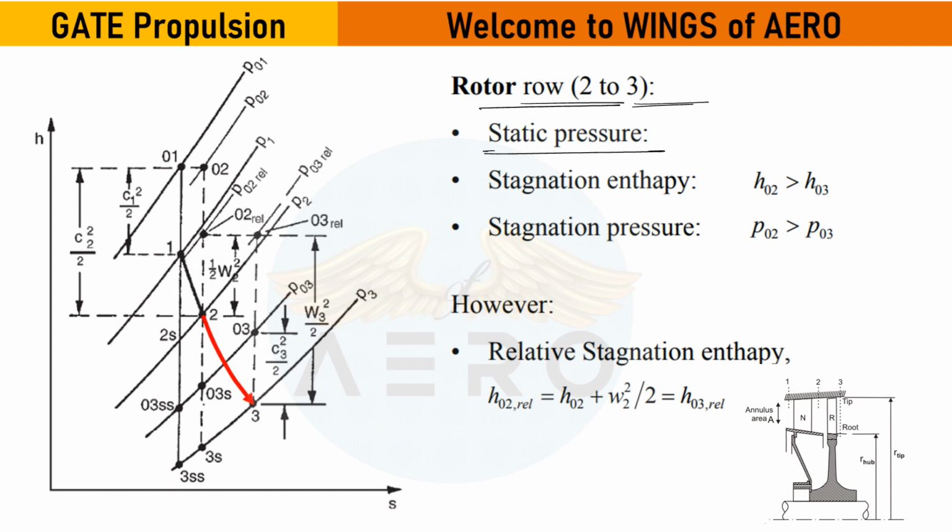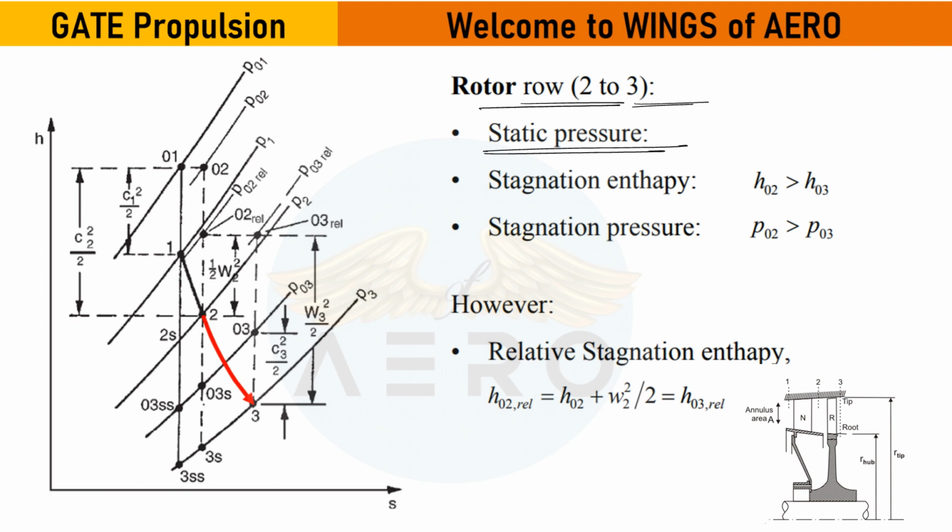So the static pressure is going to transform from P2 to P3. Stagnation is no longer the same here. So here the stagnation enthalpy and the pressure, these parameters are very important.